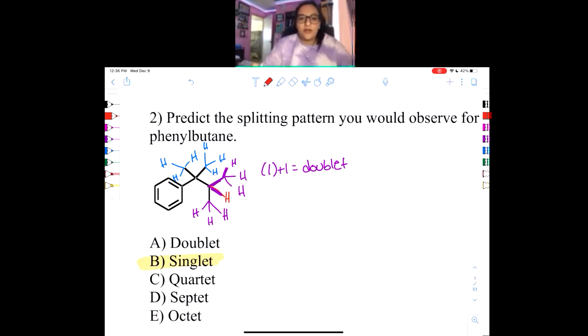And the red hydrogen is coupled to all of the purple hydrogens. So how many neighbors does the red hydrogen have? 6, exactly. So 6 plus 1 is a septet. Or we can just call it a multiplet.